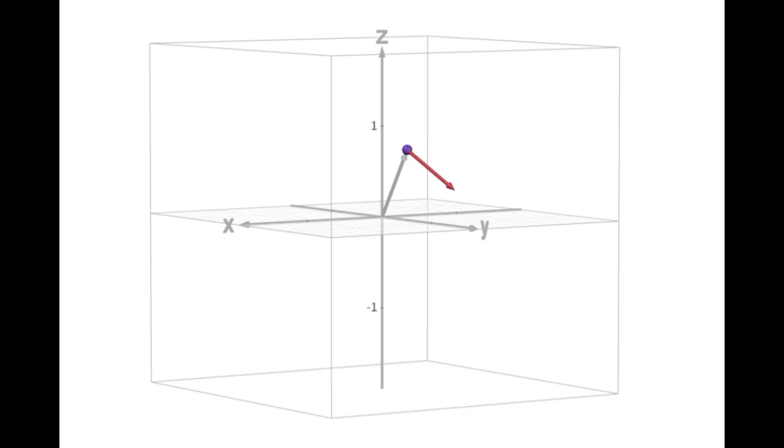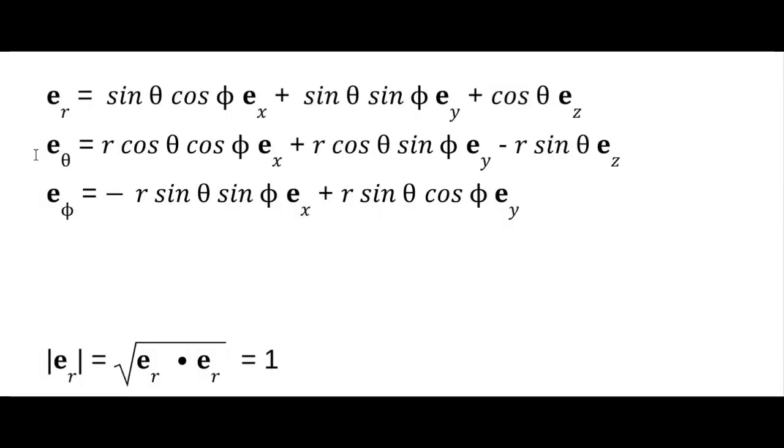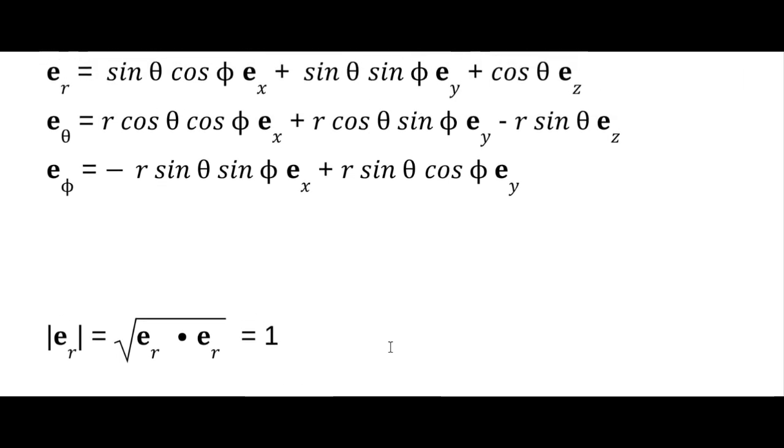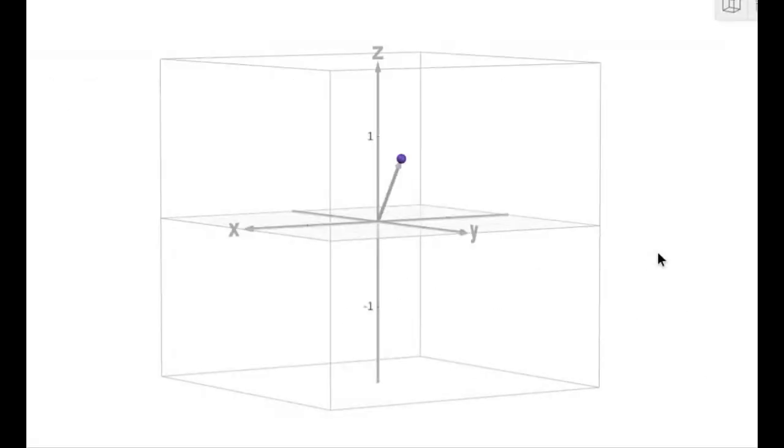Now let's look at the equation. To get the magnitude of e_theta, we square each term, add them together, and take the square root. You get r squared under the square root, so it's r. So you saw that it was only changing magnitude with r. It was changing direction with all of these, but only changing magnitude with r, exactly as the equation says it would.